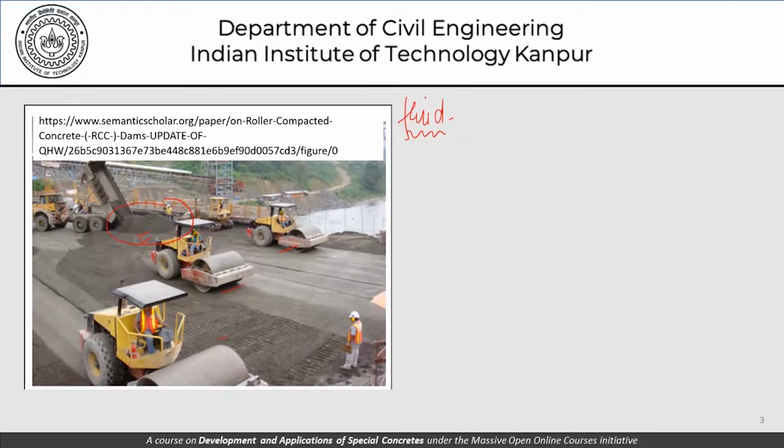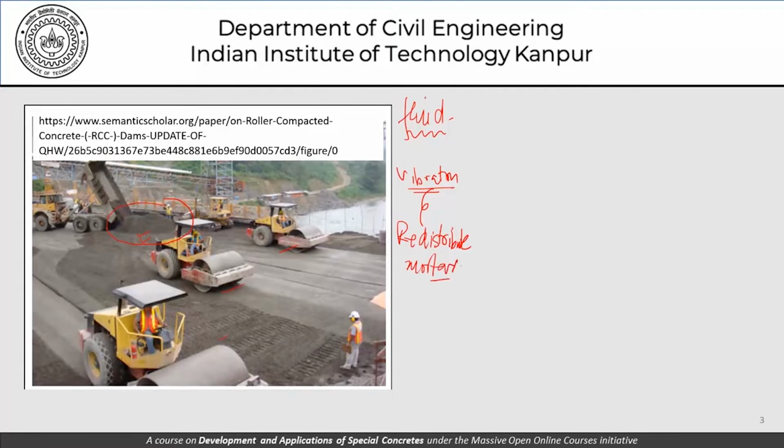So vibration and compaction is the tool which helps us redistribute the mortar phase in the concrete and fills all the gaps.